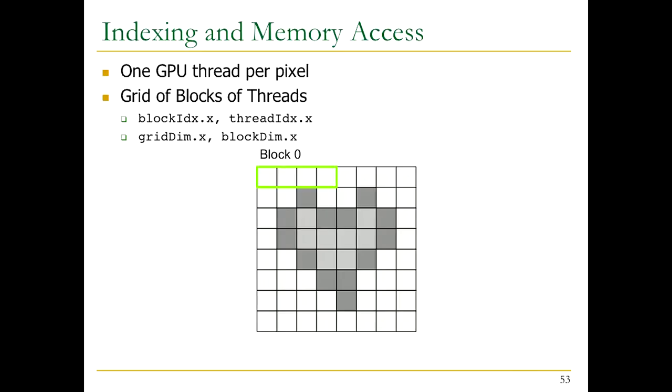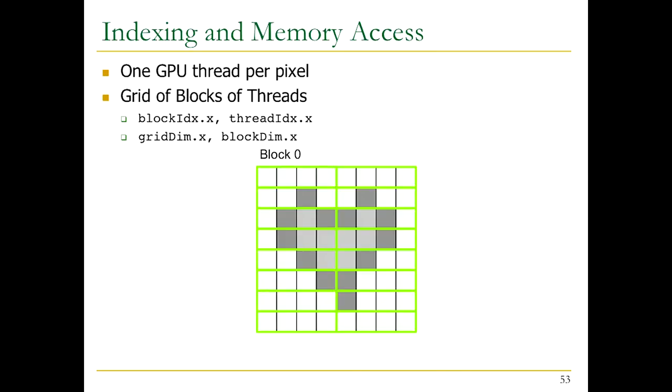So, for example, in this case, we want to perform some computation on this image, and this is massively parallel, so we know that we can have one thread working on each of the pixels of the image. You already know that these threads are organized into thread blocks, so we are going to see in this slide how we distribute these pixels among threads and among thread blocks.